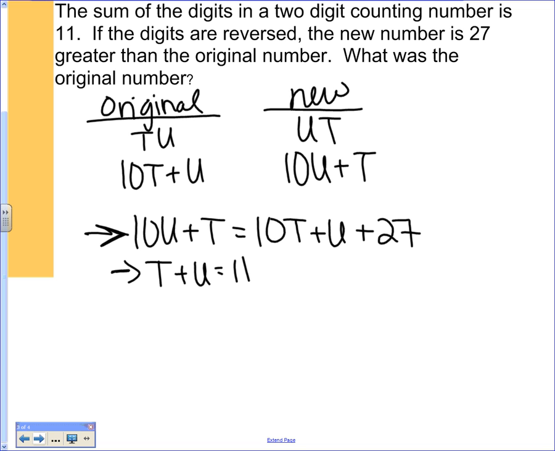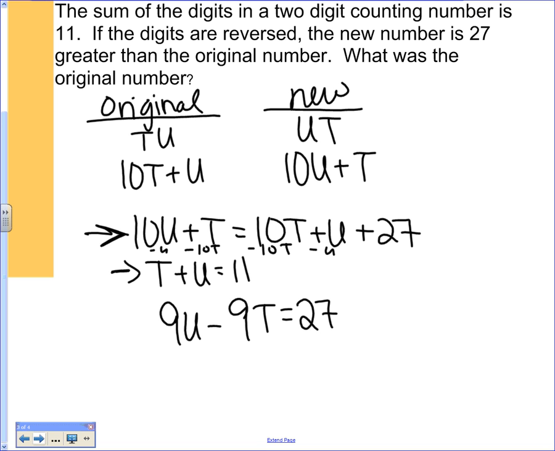What can I do to simplify it? Move the t and the u. 9u minus 9t equals 27. Do you agree there?